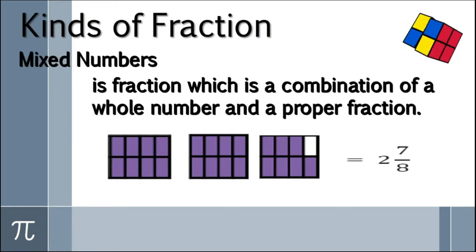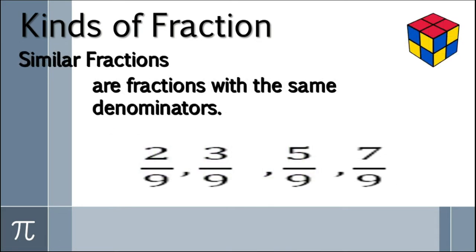Mixed numbers. Mixed numbers are fractions which is a combination of a whole number and a proper fraction. 2 and 7/8 is an example of a mixed number. Similar fractions are fractions with the same denominator. Titingnan ninyo, yung denominator niya, sa example na ito, pare-pareho na.